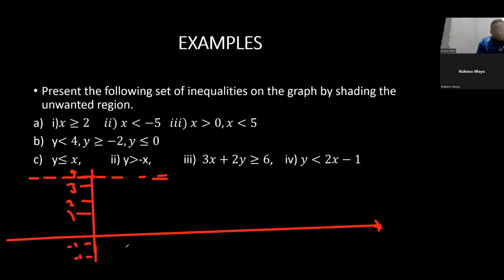So what it is, they're saying y is less than 4. So all the numbers that are less than 4 at the bottom, right? 3, 2, 1, 0, -1, -2. So we have to shade the unwanted region, which is the top part, the upper part. Okay. We move on to the second part.